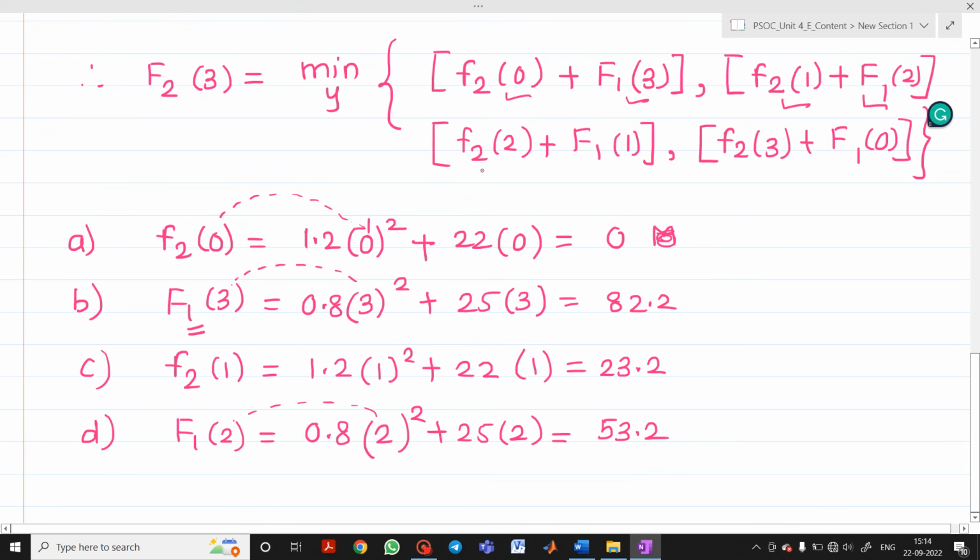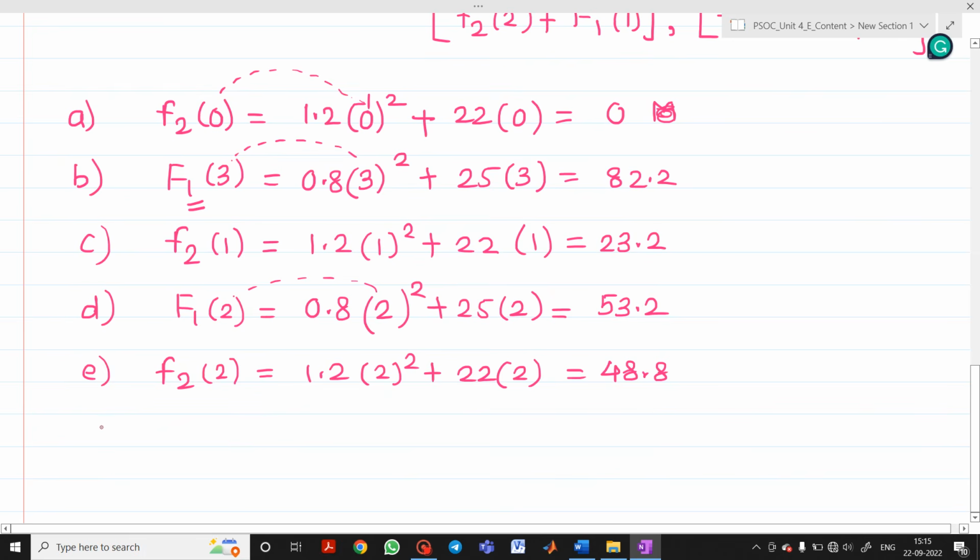Now we have to do this F2 of 2. So I will write small F2 of 2. How you can write? 1.2 into 2 square plus 22 into 2. So the answer will be 48.8. Now this F2 of 2 is over. Now this will be F1 of 1.